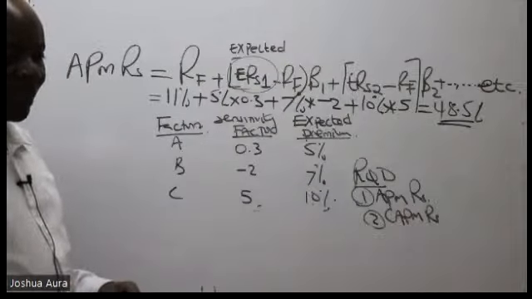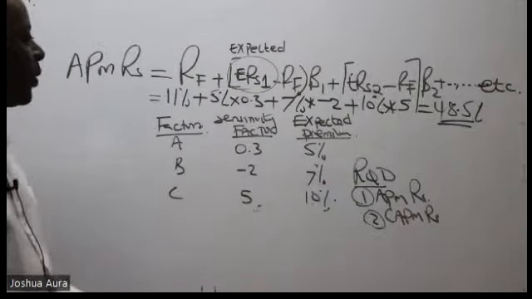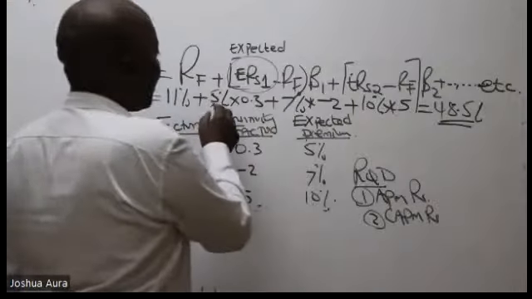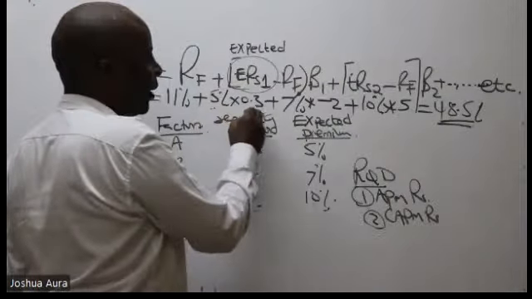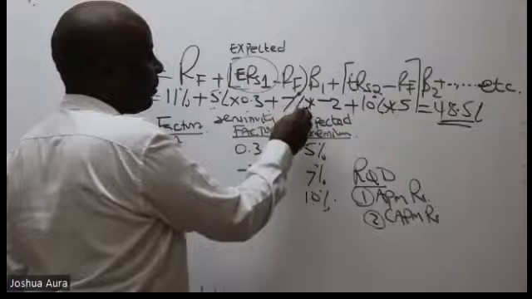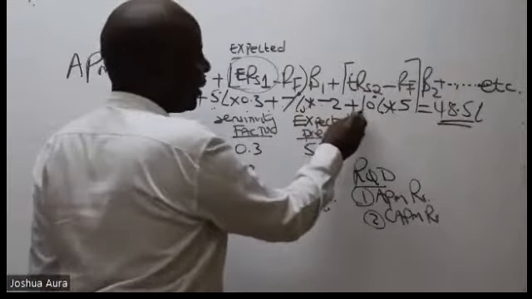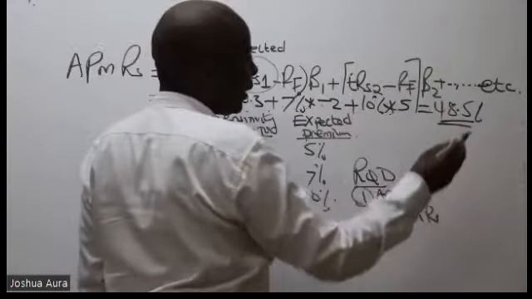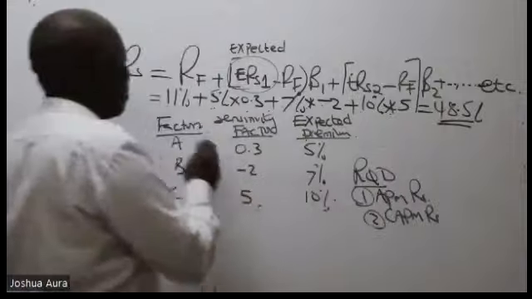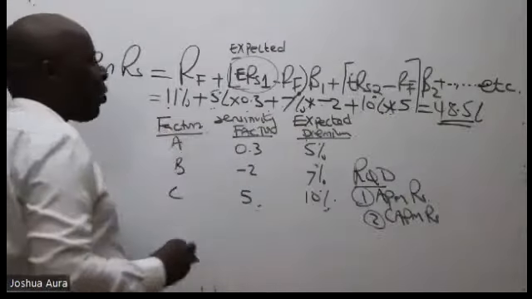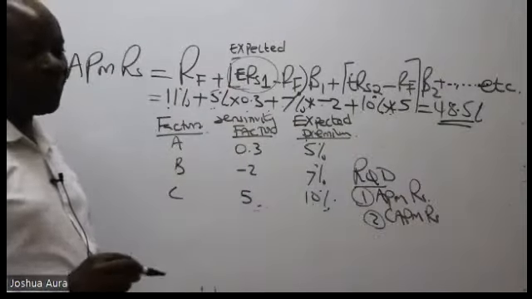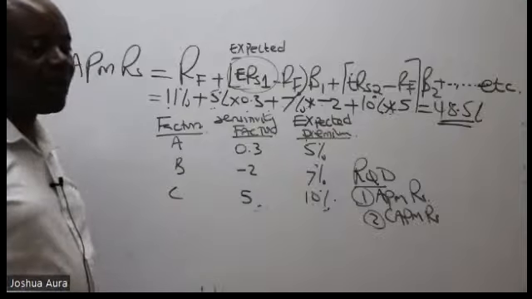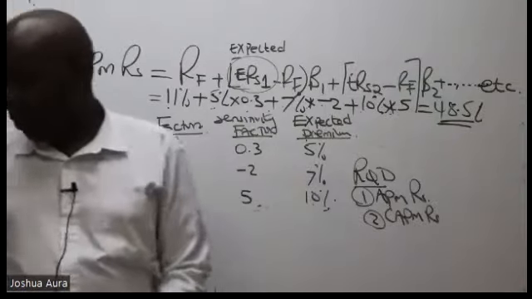Just try. You can start with this. Put the decimals: 0.05 times 0.3 plus 0.07 times -2 plus 0.1 times 5. Whatever you get there, come and add it to 0.11. Take your time, Susan. Please take your time.